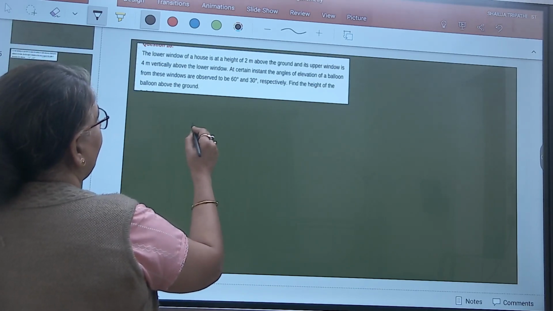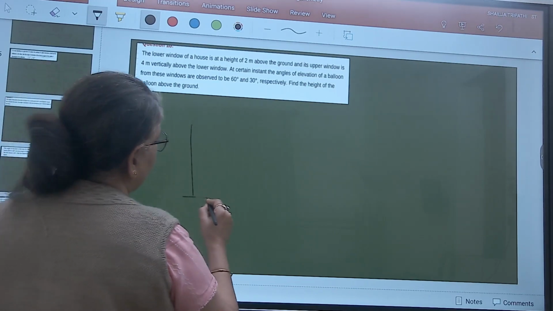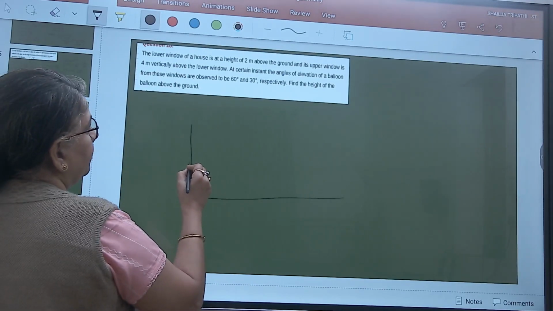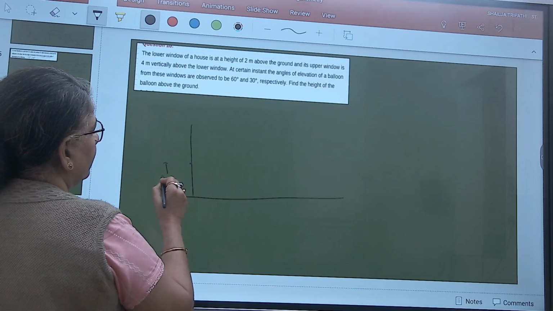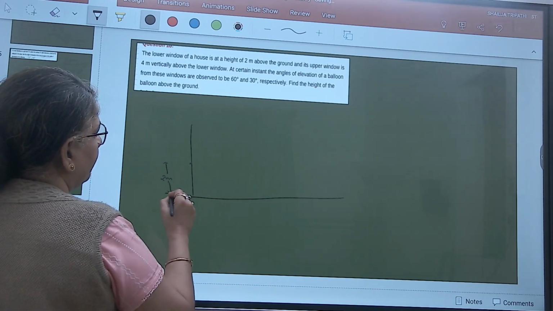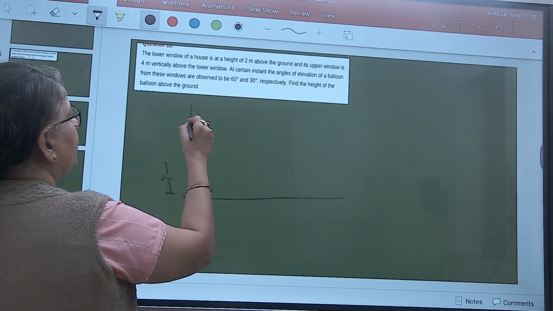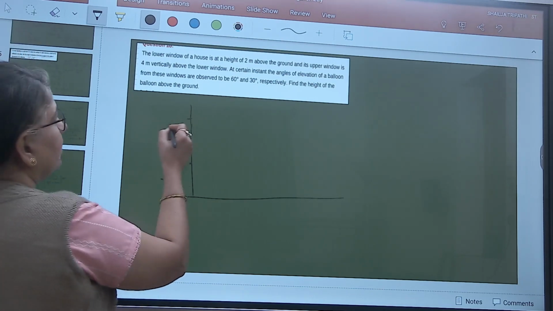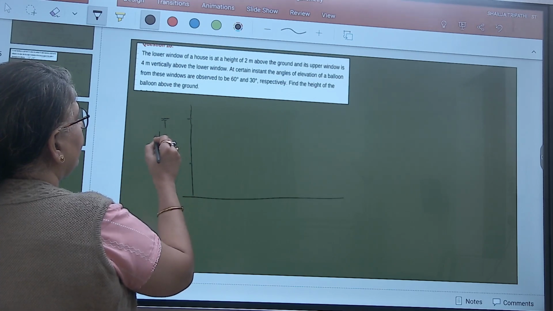This is the wall of the house. This is the ground level and the window is 2 meters above the ground. Another window is 4 meters above the lower window, so this distance is 4 meters.